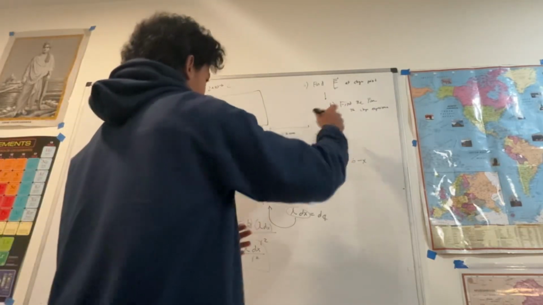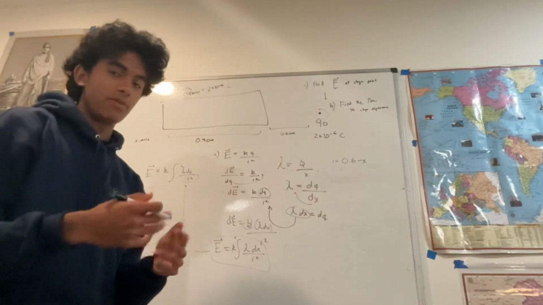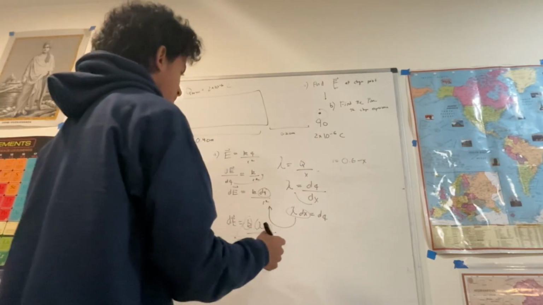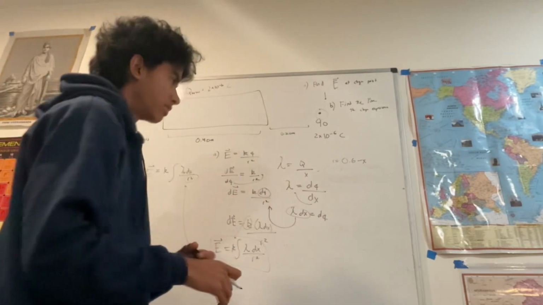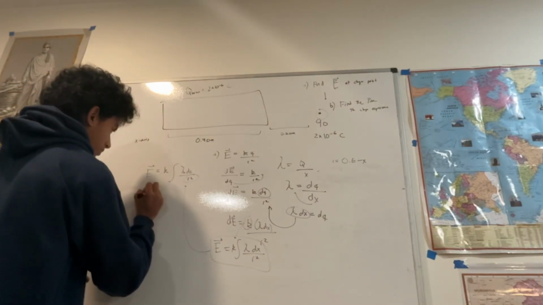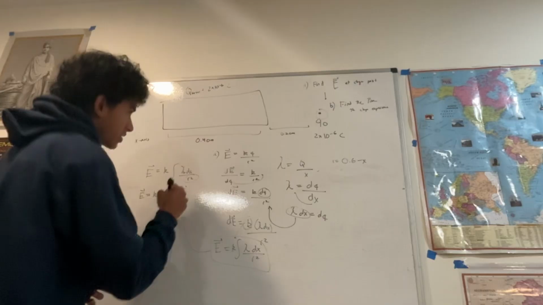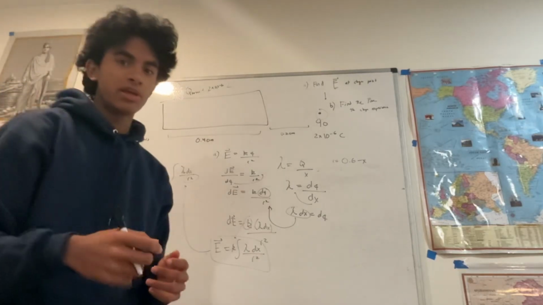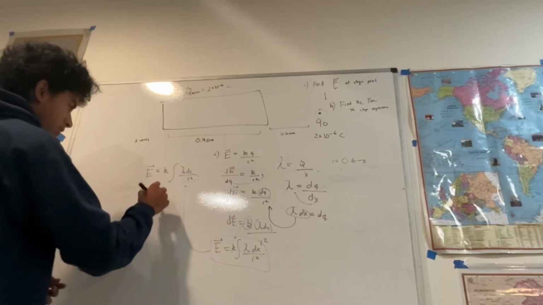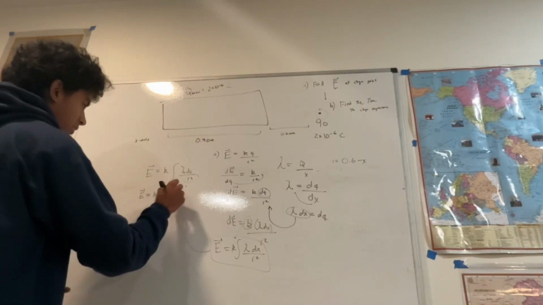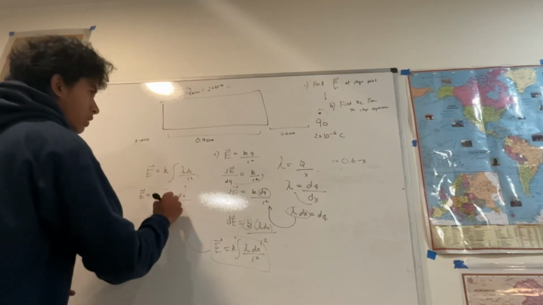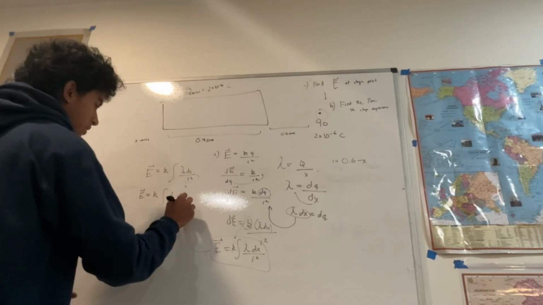Anything to the right of this will be producing an electric field of plus x. So it's going to be 0.6 minus x to find a change in r. So we're going to substitute that over here. Also, we need to make the substitution because we're differentiating in terms of x because it's dx. So E equals k integral of lambda and then dx over 0.6 minus x squared.